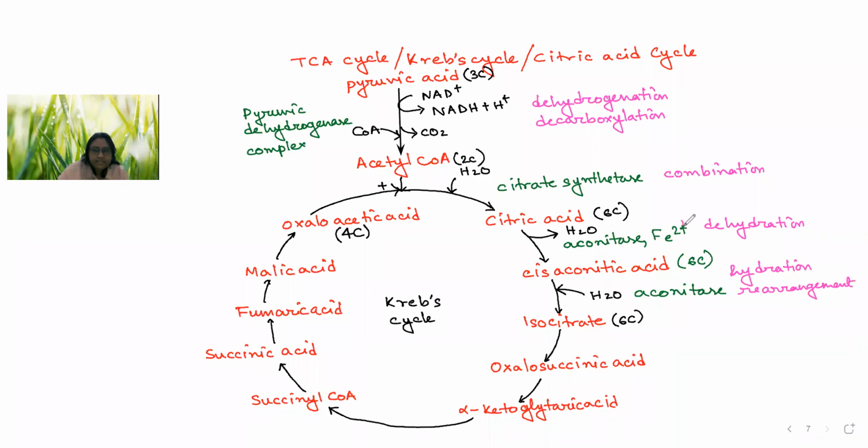In many cases, this Fe2+ ion is also mentioned over here. Okay. So from isocitrate to oxalosuccinic acid. This is a step where the first NADH is coming out. So this process definitely will release NADH.